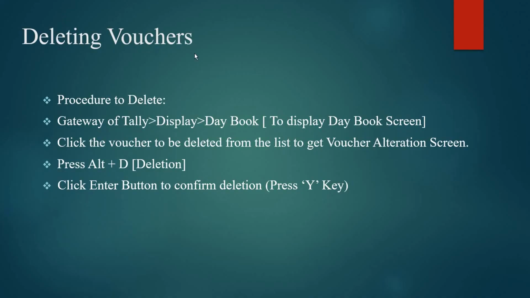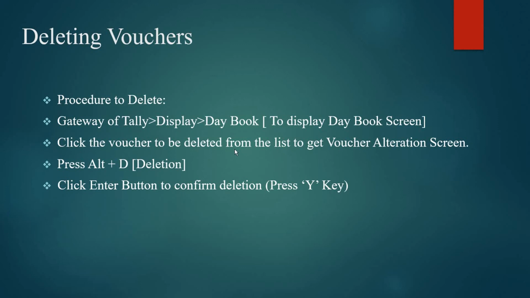The next is deleting vouchers. Even here, only the authorized person or the authorized user or the admin can delete the vouchers, not all the users. Down we have the procedure. The procedure will remain the same as what we had to alter the vouchers. This will begin from Gateway of Tally, display, then display menu, daybook, or Gateway of Tally D square.